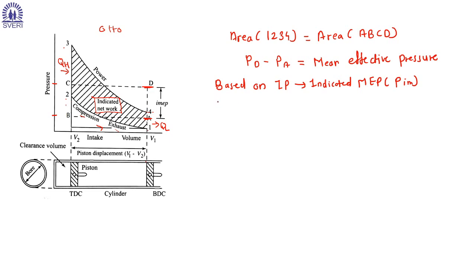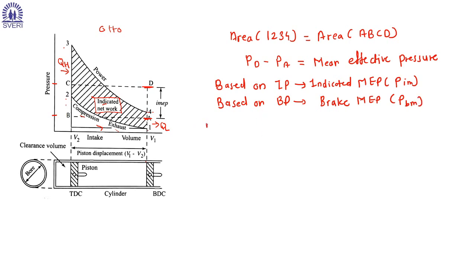When this mean effective pressure is measured based on brake power, so in this figure the measurement is based on indicated power, but if it is based on brake power, it is called brake mean effective pressure, or in other terms PBM.